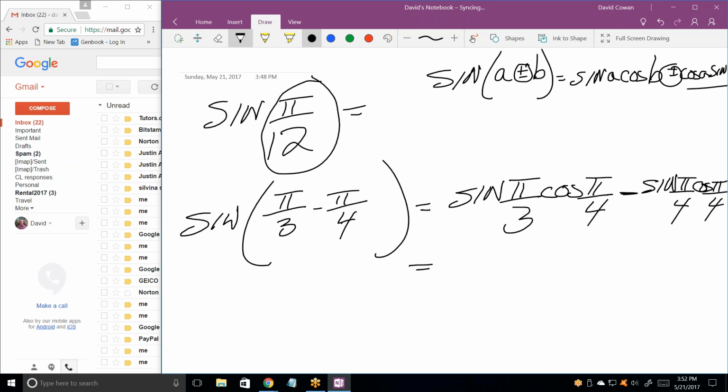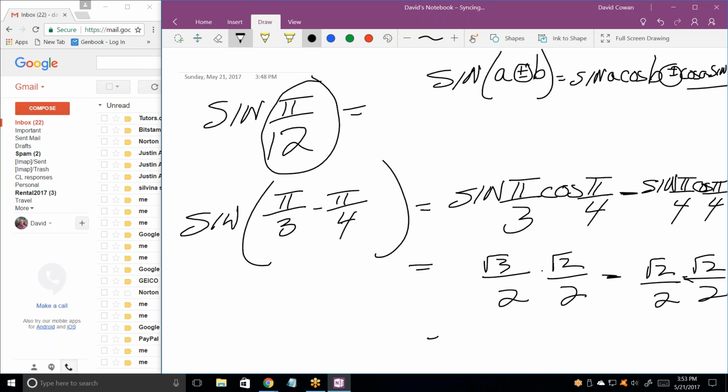And then sine of pi over 3 is root 3 over 2, cosine of pi over 4 is root 2 over 2. Notice we're going to have a root 6 again. From this one it becomes 1, or that becomes root 2 over 2.